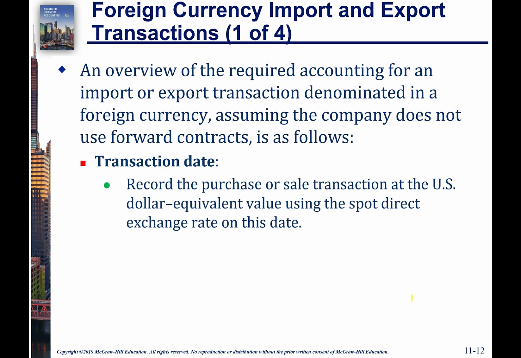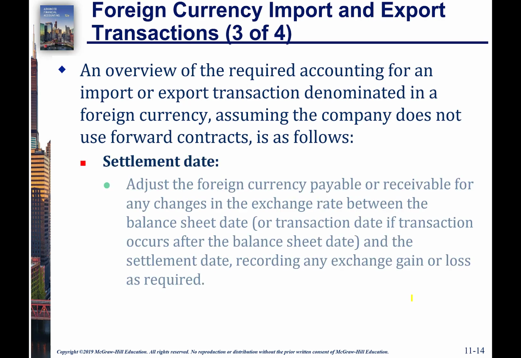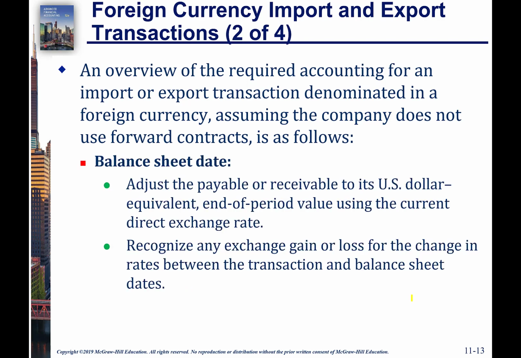So when we take a look, we'll have our transaction date, we'll have our balance sheet date, and then we will have an ultimate settlement date. And there'll be fluctuations in the exchange rates between these different dates.